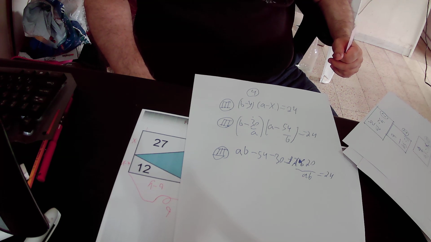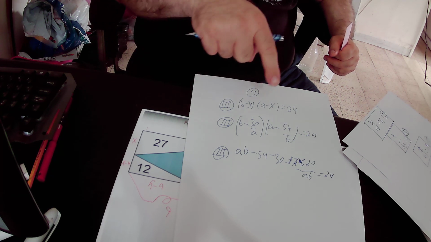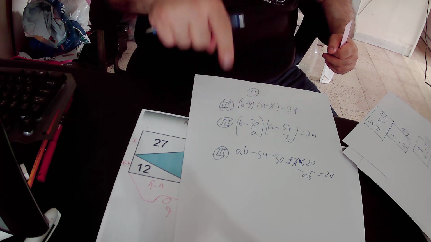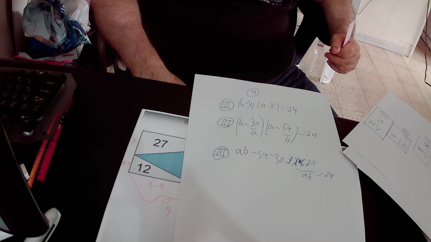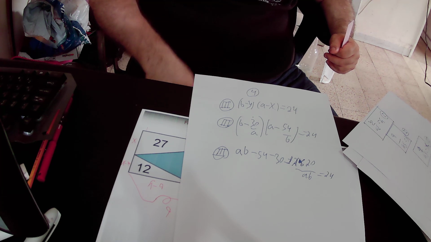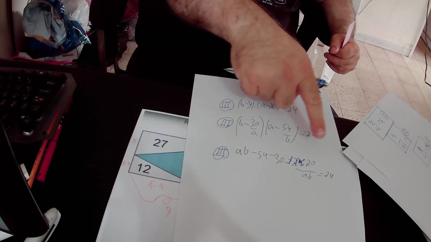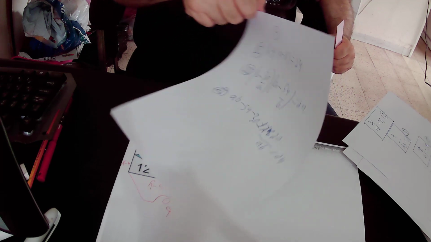Okay, we simply opened the brackets in this line. Now we will subtract 24 from both sides of the equation.